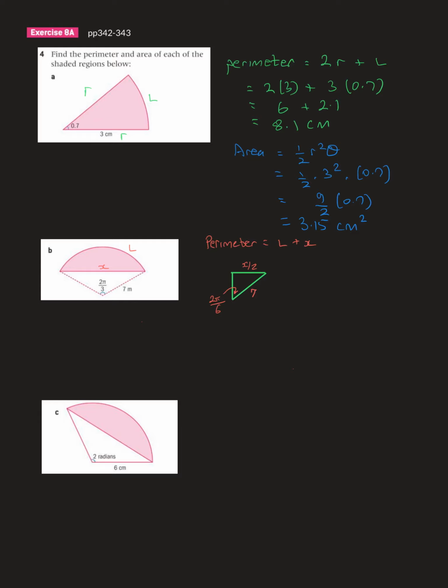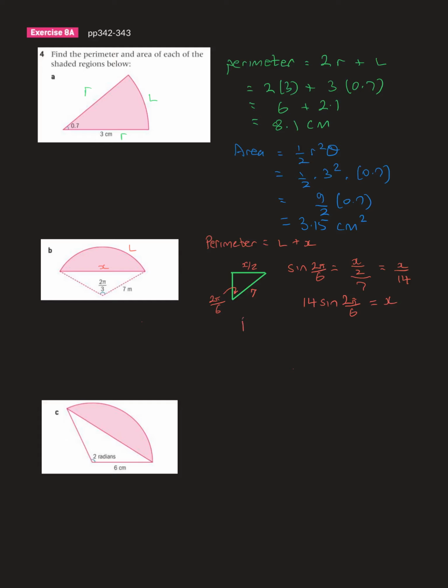Okay, so using sine of 2 pi on 6 equals X on 2 divided by 7, which is X on 14. Okay, and so that would be 14 sine 2 pi on 6 equals X.